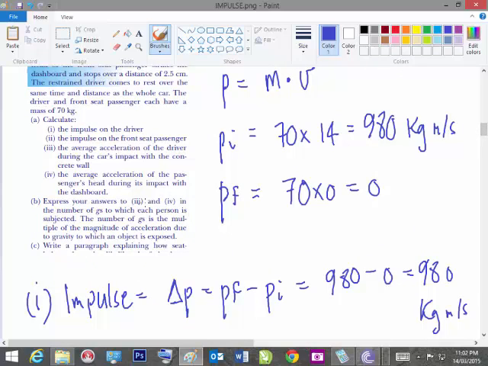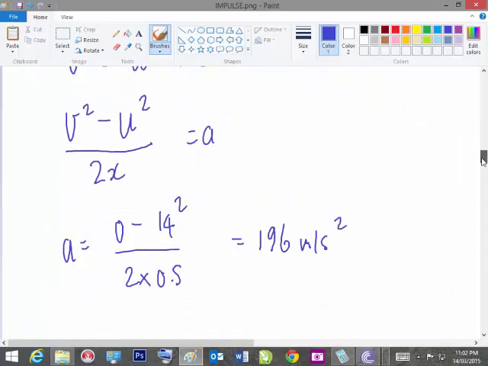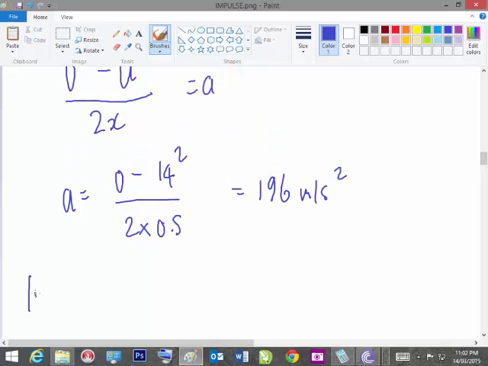Express your answers to question 3. So the average acceleration of the passenger's head during its impact with the dashboard. So the second one is the passenger. The fourth question.